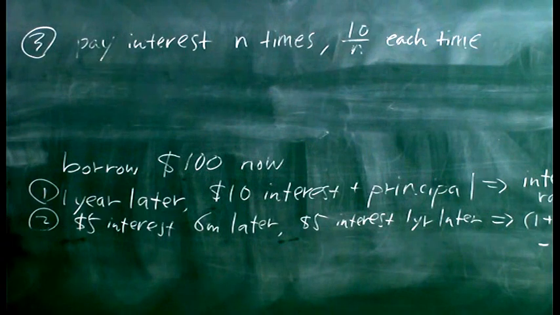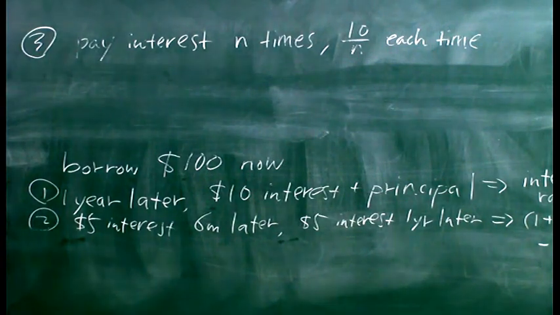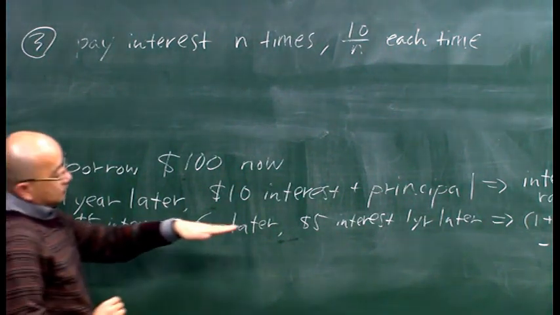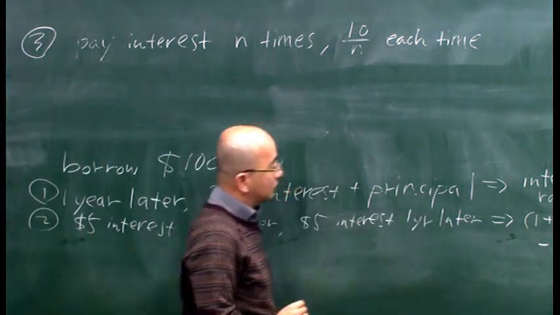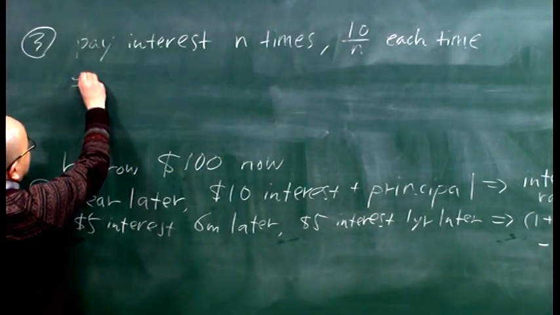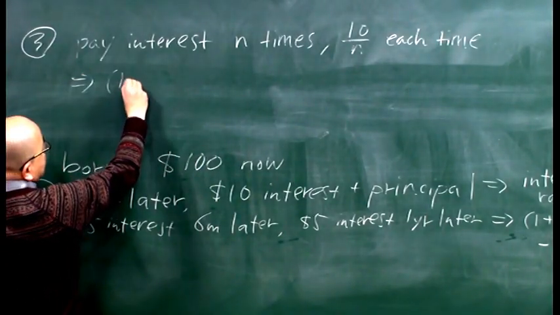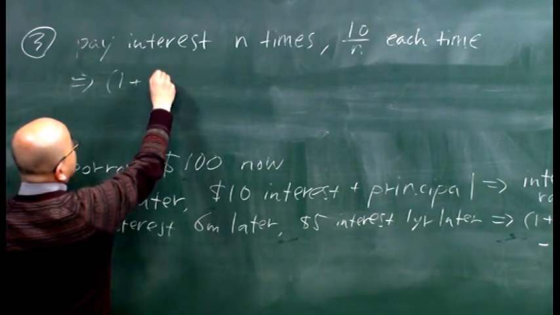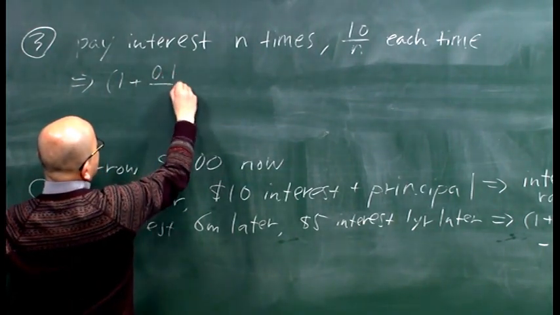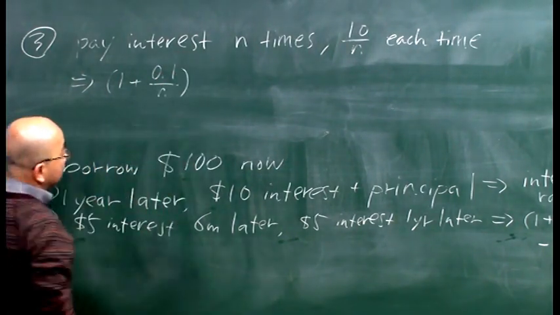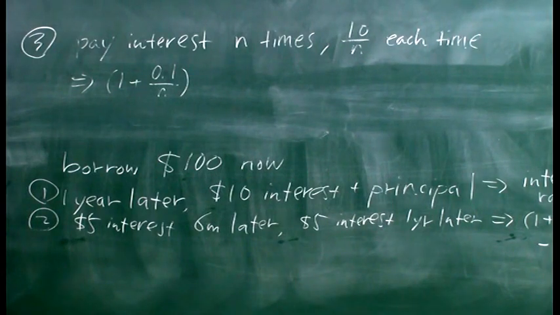You can apply the same logic as in the second case to the third case. Then the first time the factor would be 1 plus 0.1/n. That's the interest for the first interval.